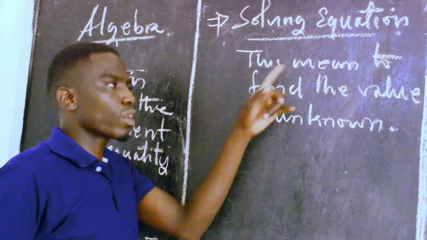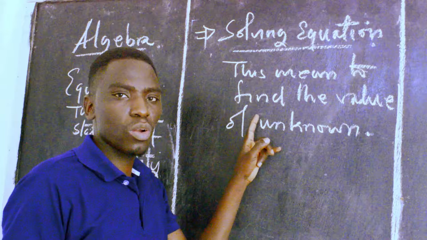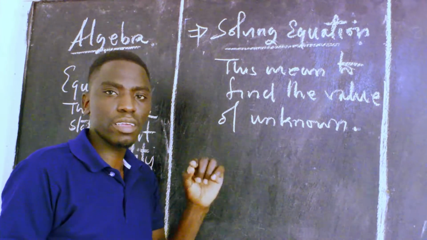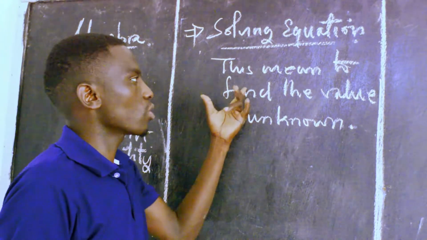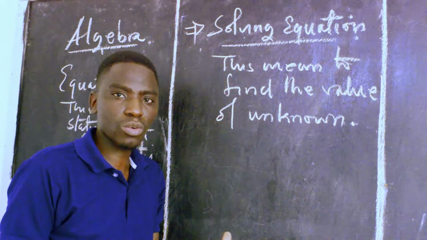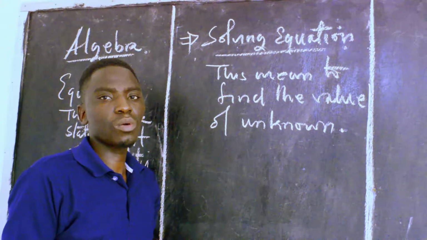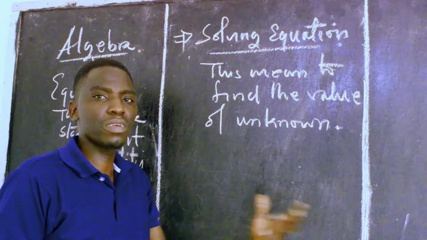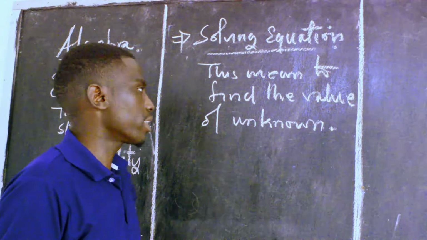So to solve an equation means to find the value of the unknown in the given what? In the given equation. So once you are solving, it means that you are finding the value of the unknown letter within an equation. It can be x or a, any letter.